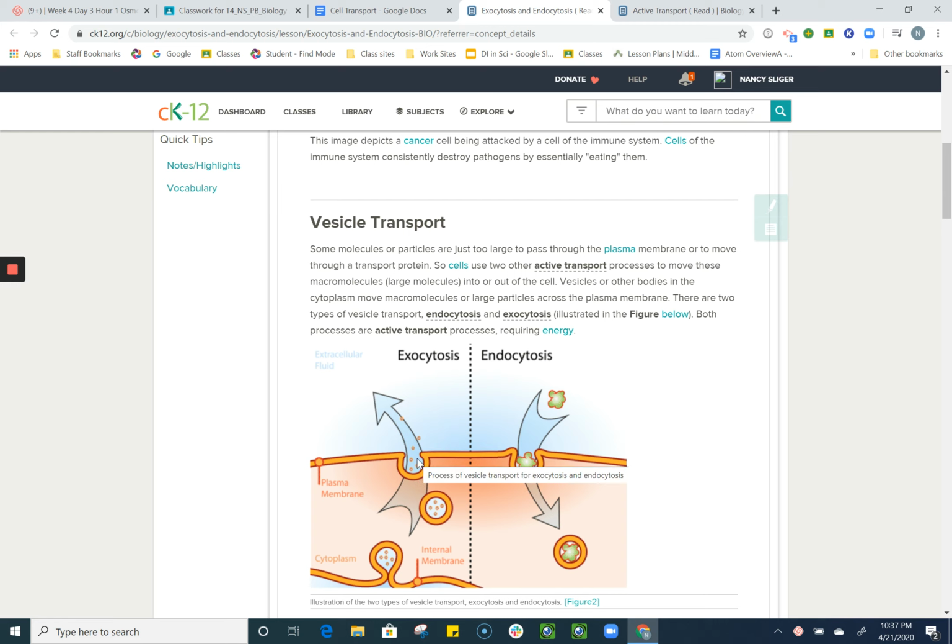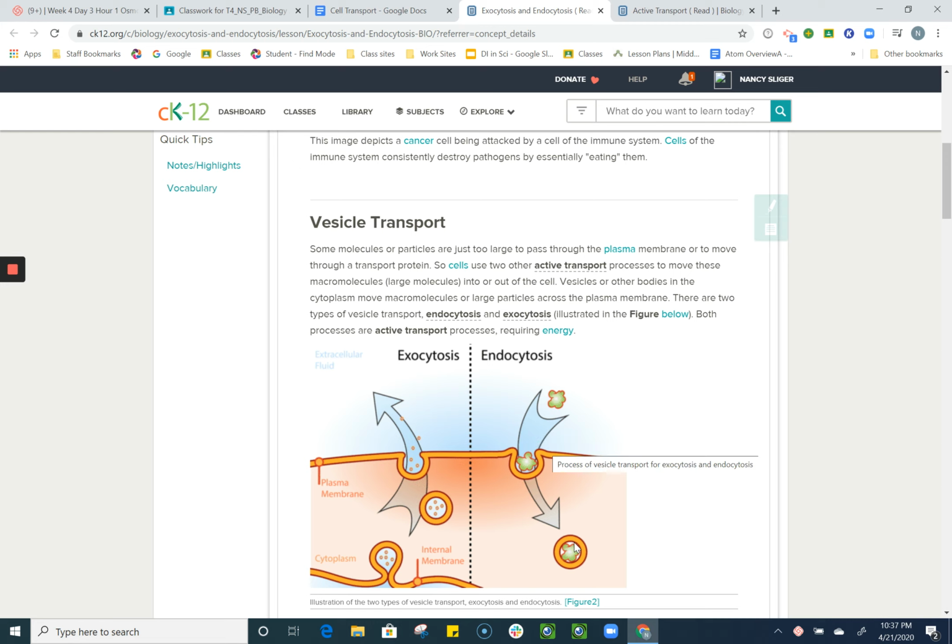So here they're just talking about exocytosis. You'll have a vacuole inside of the cell. The vacuole moves to the cell membrane. It opens up and pushes stuff out. Endocytosis, the cell membrane starts to wrap around substances and pull them into the cell. Because it's a particle, that is phagocytosis.